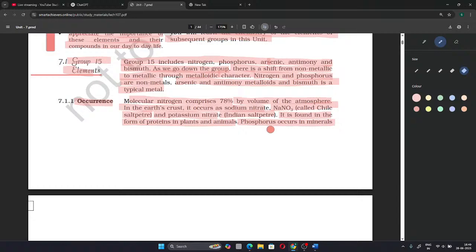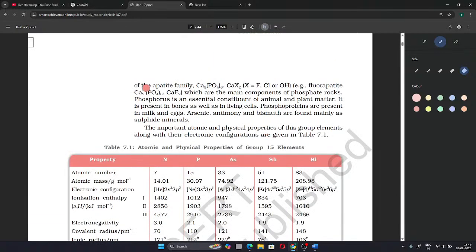Phosphorus occurs in minerals of the apatite family.